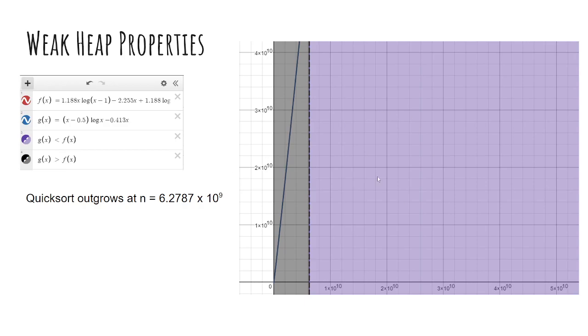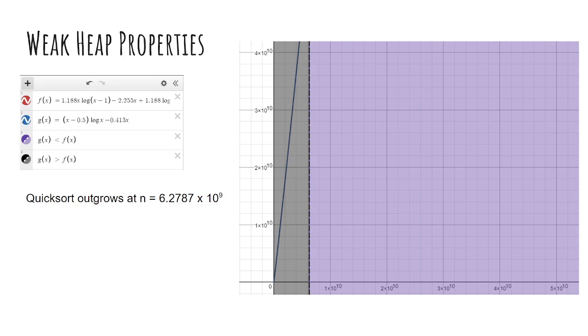And the purple region shows the portion in which we keep sort is actually dominated by quicksort, and the grayish portion is the portion in which we keep sort dominates quicksort. So as you can see, up until about 6.3 billion iterations, quicksort happens to be faster than we keep sort.